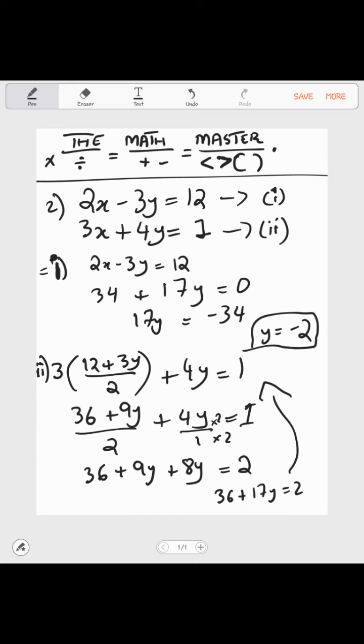So simple as that. Make one of them the subject and you can easily find out the value.